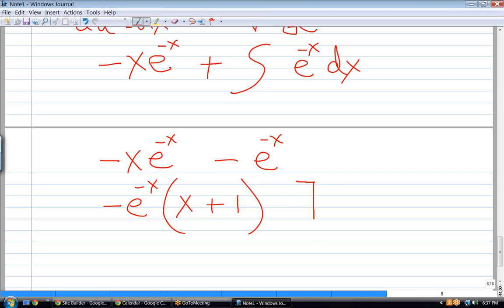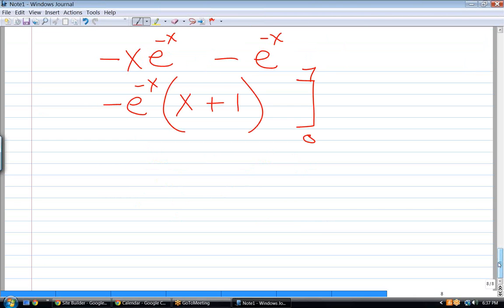So now I'm supposed to evaluate it from 0 to 7. Right. So let's do that. Leave everything as a function of e. Let's not turn it into a number.